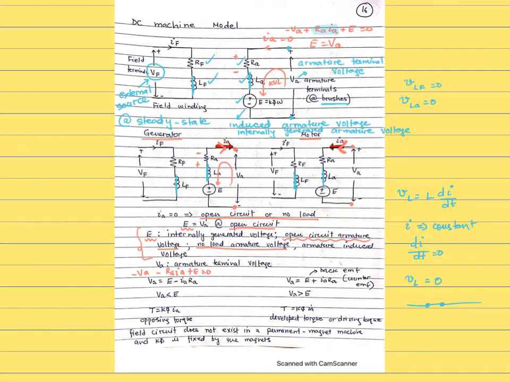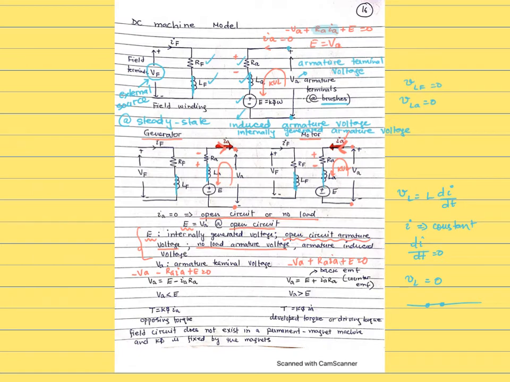What you get is VA equals E minus IARA. Similarly, let's do the KVL in here for the motor. It will give you negative VA, and with this polarity of the current, the top end is positive and the bottom end negative. That gives you RAIA positive plus E equals 0, so VA equals E plus IARA.